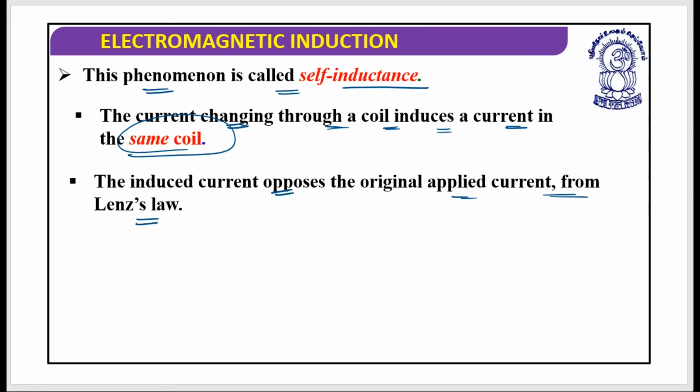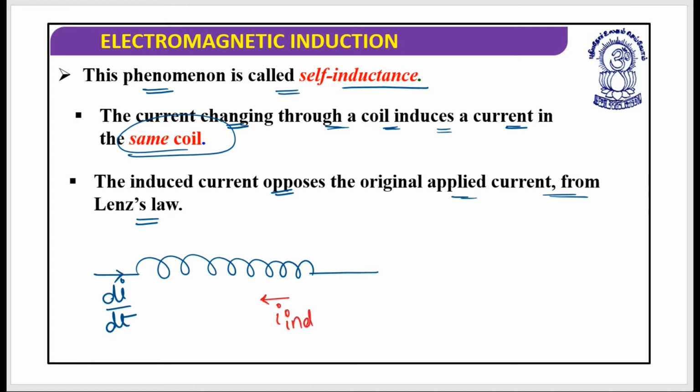Suppose an inductor is there, and within this inductor the current is changing, let's say di by dt, the rate of change of electric current. This will induce a current, let me represent it as I induced. This induced current is linked with the same coil, and this is known as self inductance. I hope this is clear.